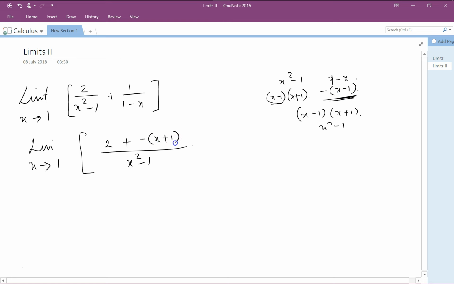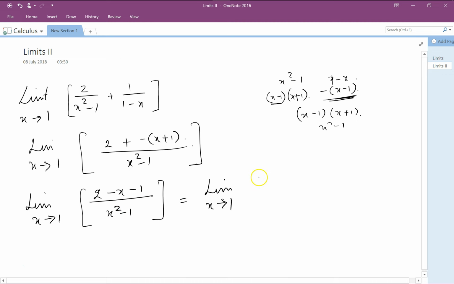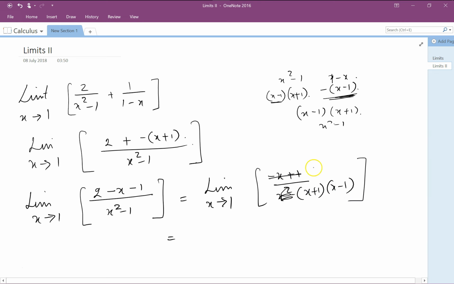Minus x plus 1. So limit as x approaches 1, 2 minus x minus 1 by x square minus 1. So this would be minus x plus 1 by x square minus 1. Now this x square minus 1 can be written as x plus 1 times x minus 1. If we take out minus, so x minus 1 and x minus 1 get knocked off.